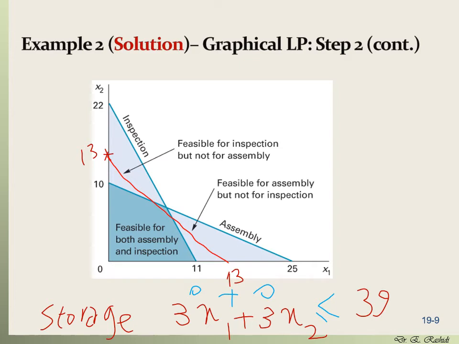But I'm going to go with the common areas so far. So this would be here. This would be our feasible space. Note that this is not the feasible space right here. This is not the feasible space.